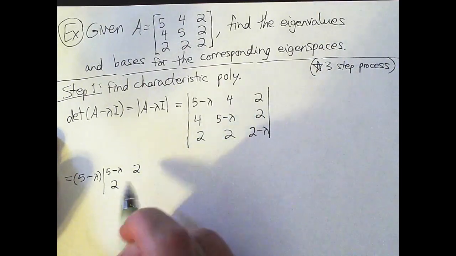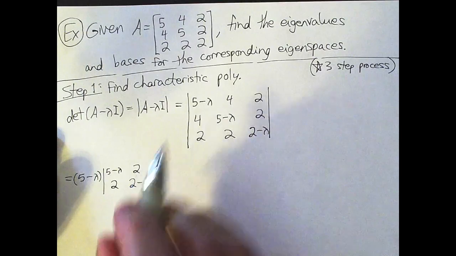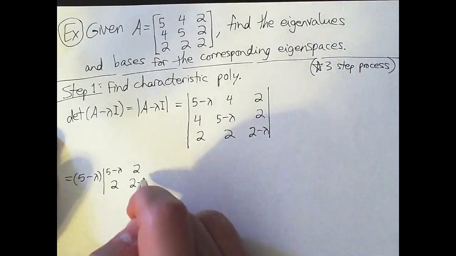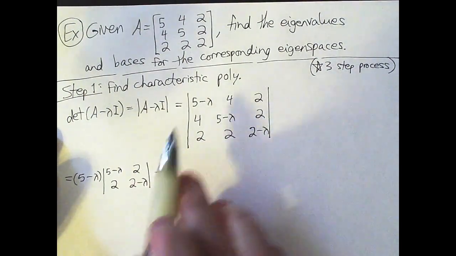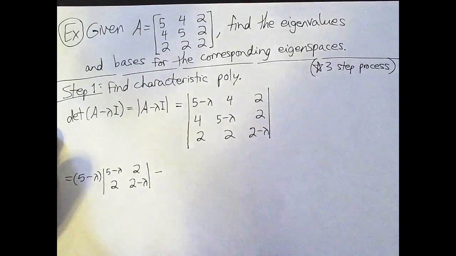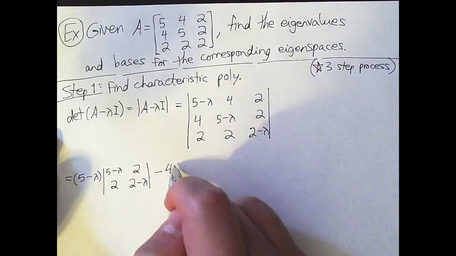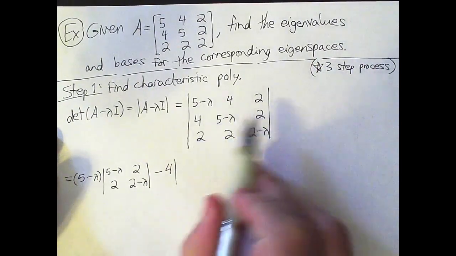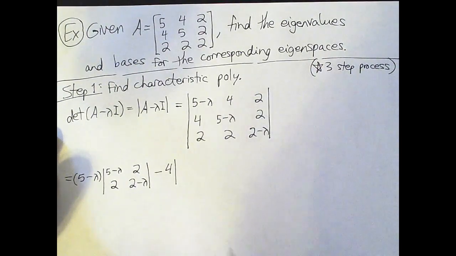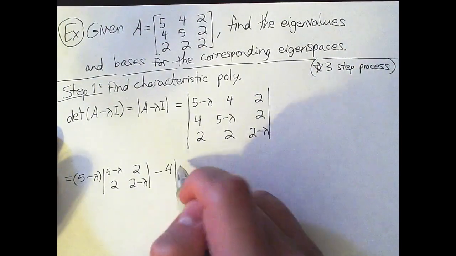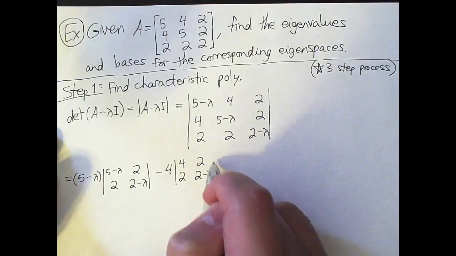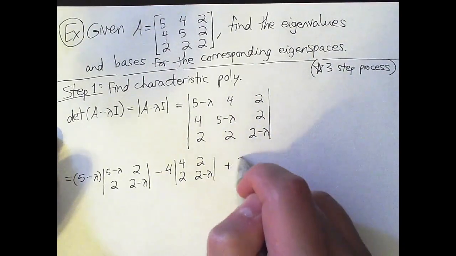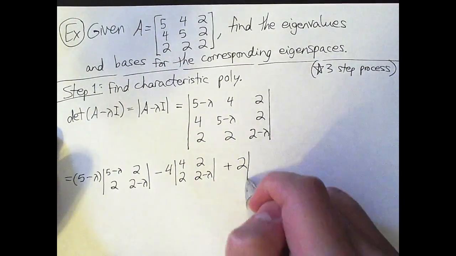This is cofactor expansion across the top row. 2 minus lambda. Then we do minus, right? Remember, we alternate plus, minus, plus. So there's the 4 from the top row times the matrix we would get if we removed the top row and the middle column. So 4, 2, 2, 2 minus lambda. And then plus 2, that's the 2 in the upper right, times this determinant.